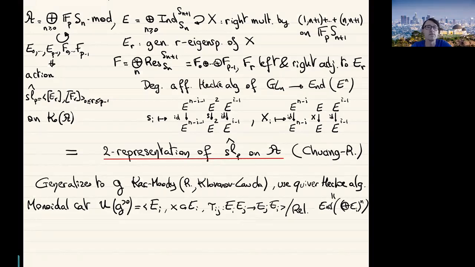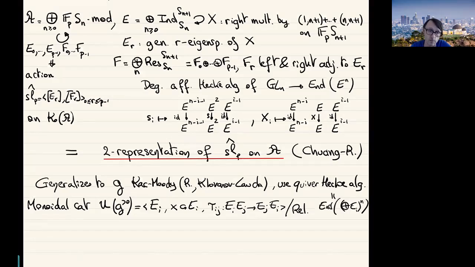So you can define, so what's implicit in the construction I explained above is that, say if you look only at the E_i's, these endofunctors, really, they come from the action of a certain monoidal category. So in the Kac-Moody setting, you will have generators E_i, i running over, say, the nodes of your Dynkin diagram.